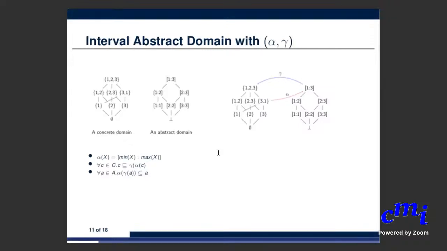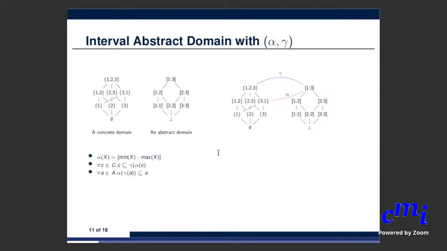In this example, both {1,3} and {1,2,3} can map to this. For all the elements that get mapped to the same abstract element, I choose the largest one, and that's how gamma is defined.